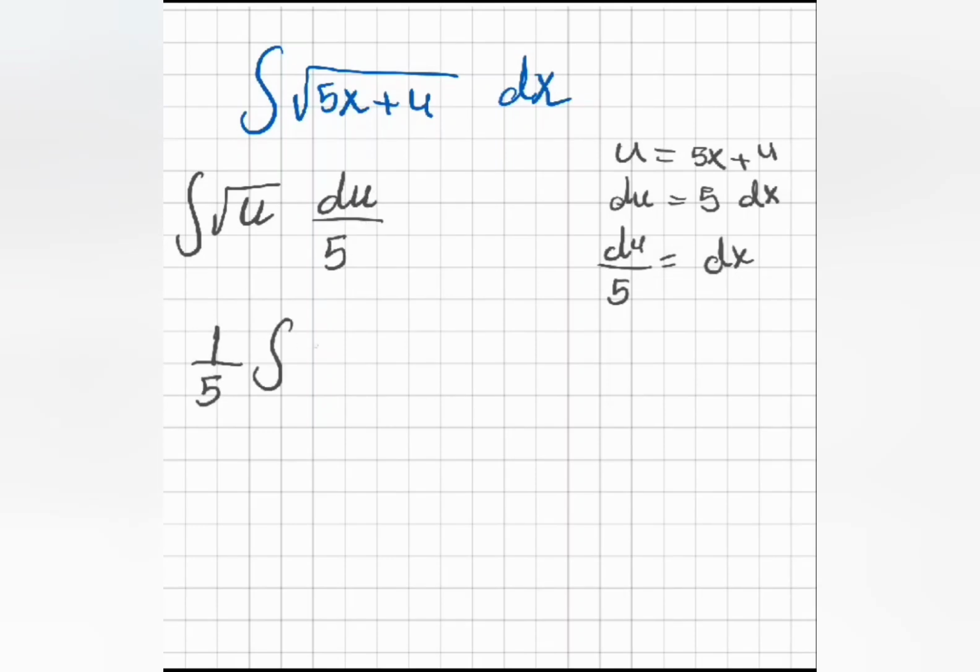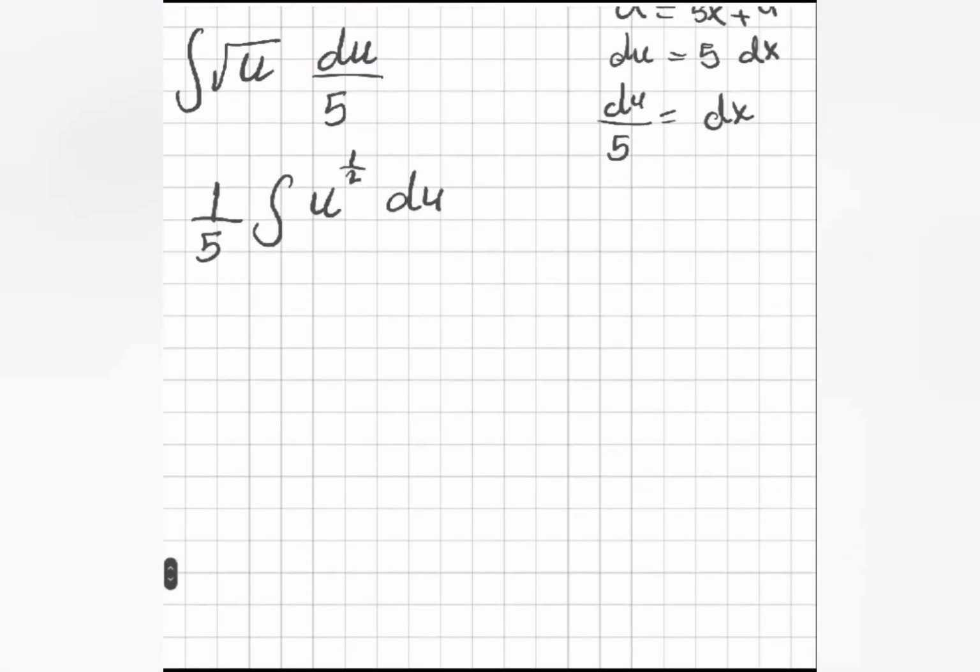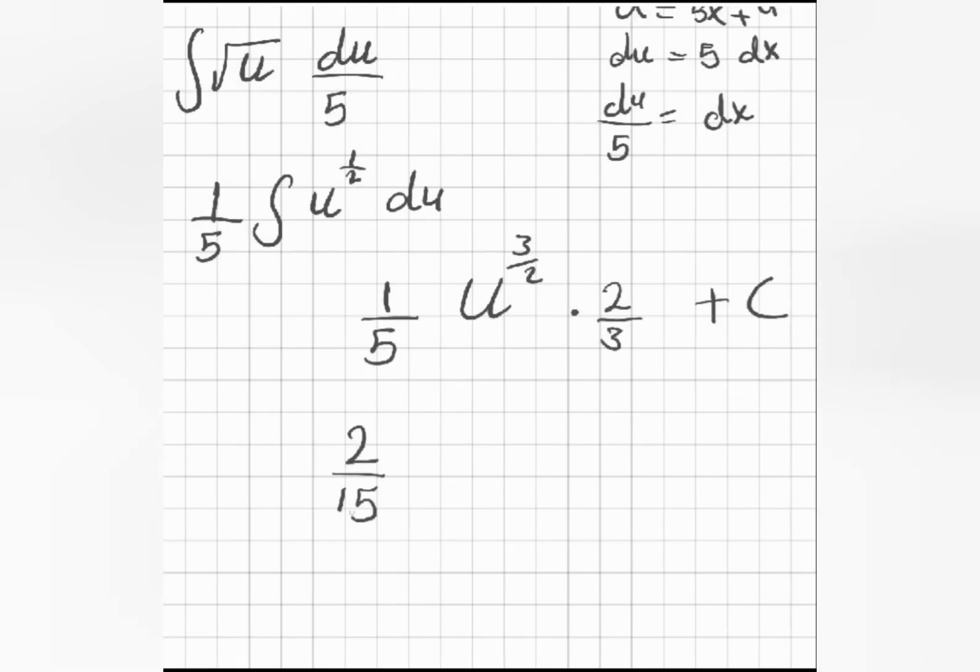So this is 1/5, and then instead of the square root of u, we're going to write it as u to the 1/2. So now let's use the power rule. 1/2 plus 1, that's going to be 3 over 2. And if you divide by 3 over 2, what I would recommend is multiply the top and the bottom by 2/3. So the 3's in the bottom will cancel, and the 2's will cancel as well.